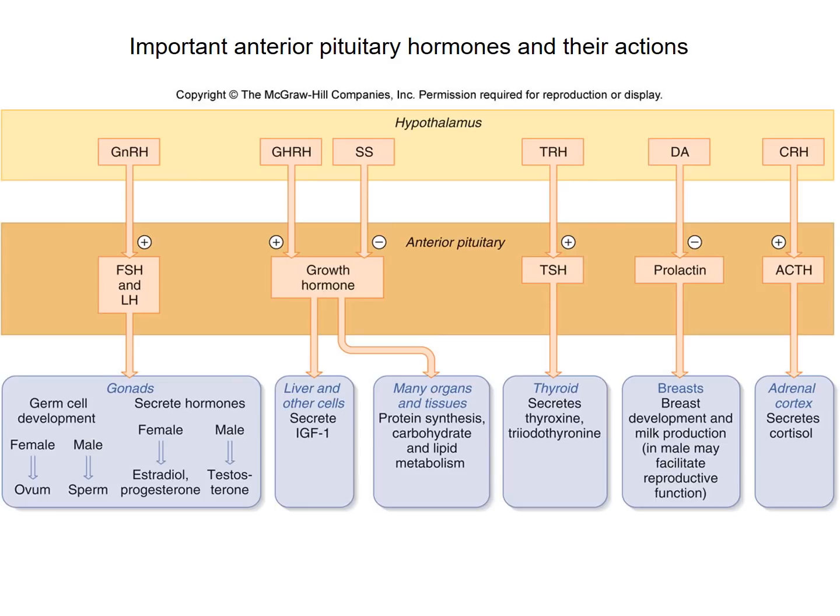The three that we are going to talk about today are growth hormone, thyroid hormone, and cortisol. The prolactin hormone and the reproductive hormones, FSH, LH, and their effects on androgens and estrogens, we're going to leave alone in this unit. We're going to focus, like I said, on growth hormone, thyroid, and cortisol.